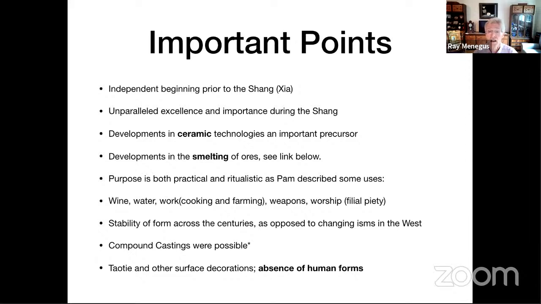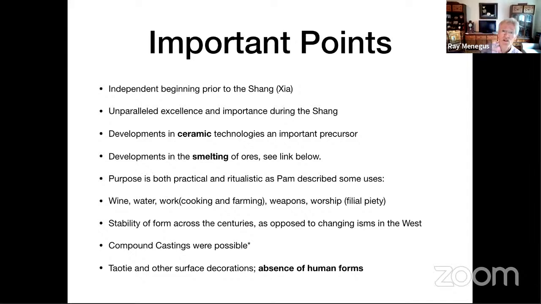Unlike today, with the bronze casting methods that we have, once a mold is made, it can be used for multiple copies. The other interesting feature of the decorations is the complete absence of human forms.